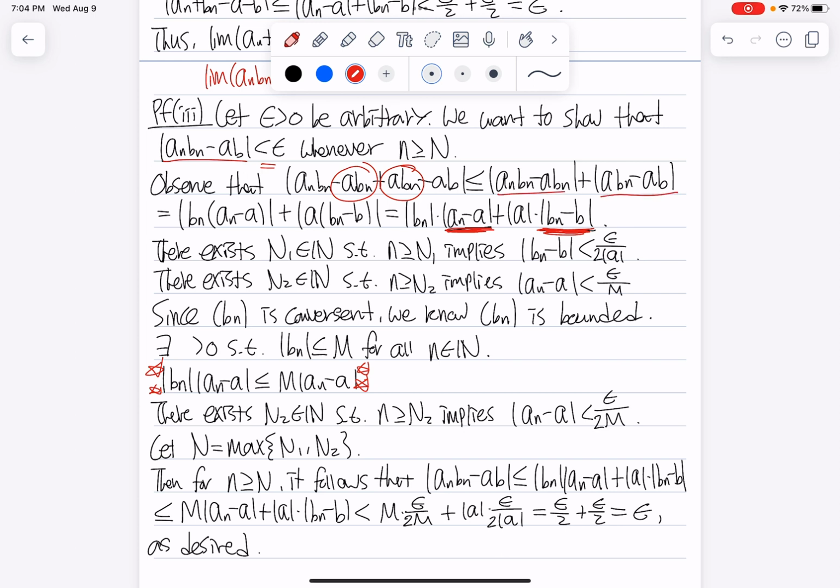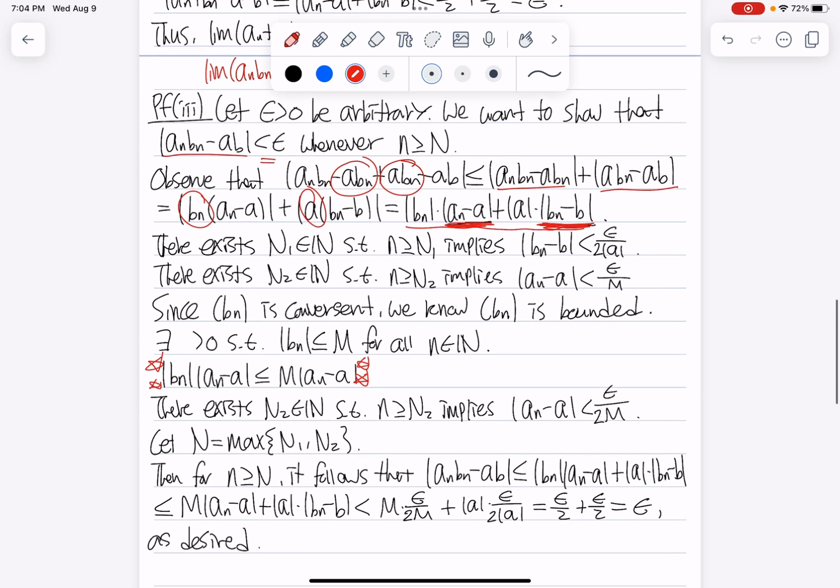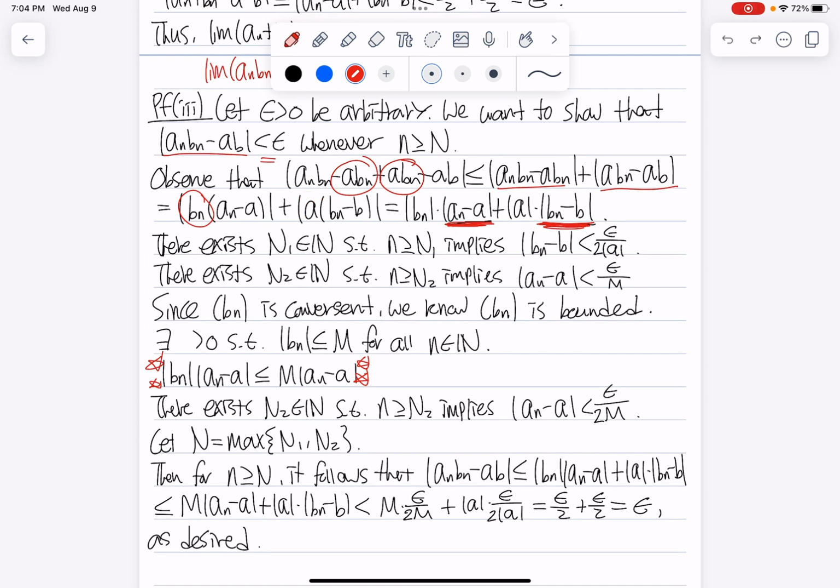And we were able to factor out a bn and an a here to get what we can use. And after factoring out, we know that we can make an − a and bn − b as small as we want, because that is given by the assumption that the sequence an and the sequence bn converge.